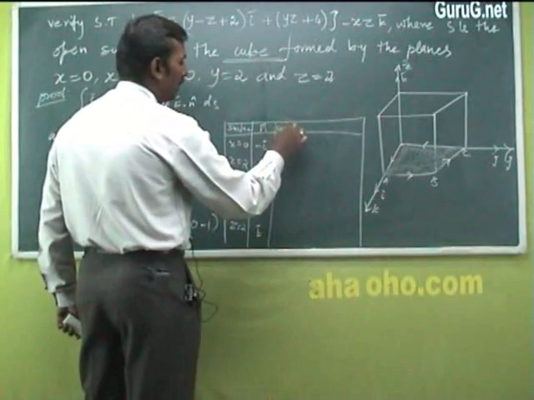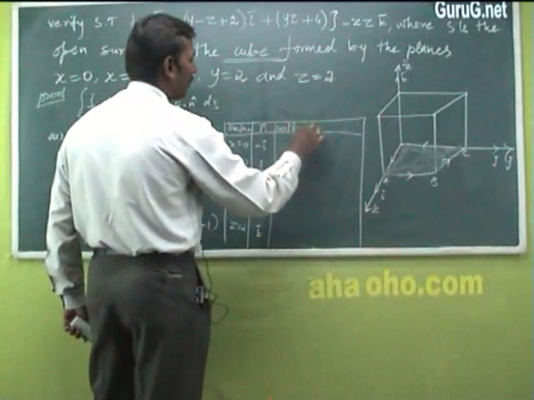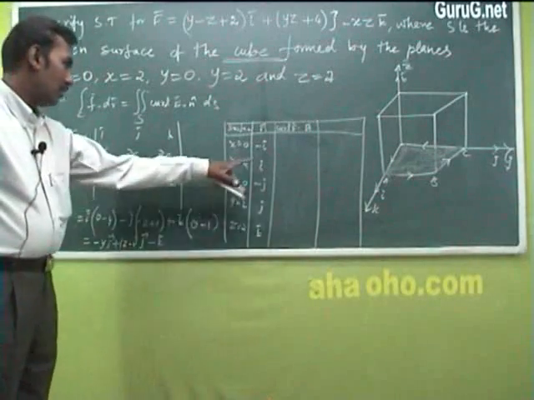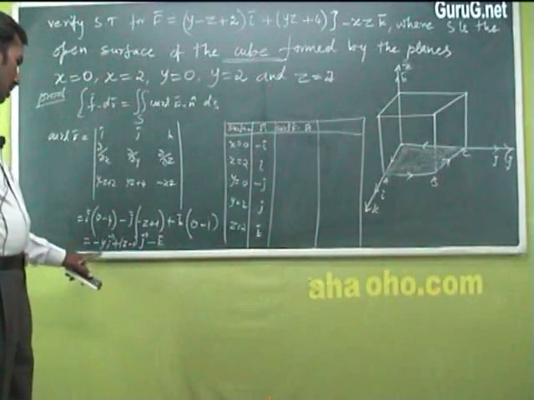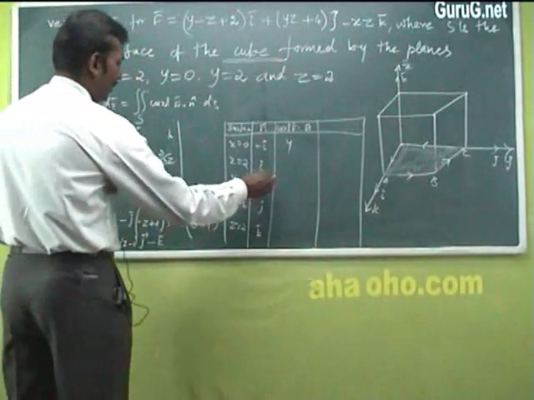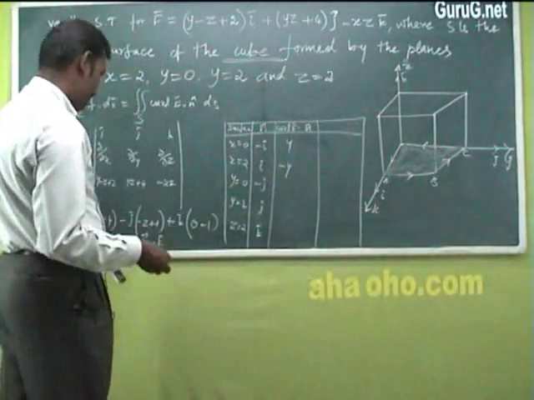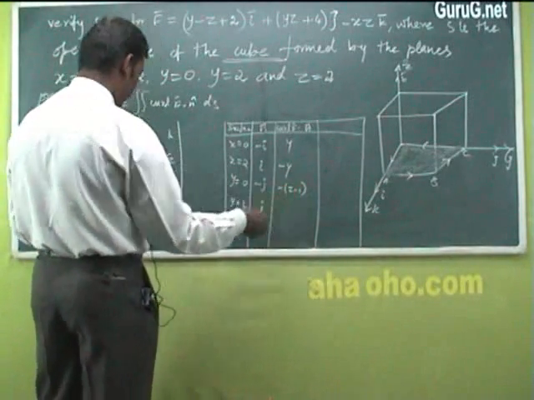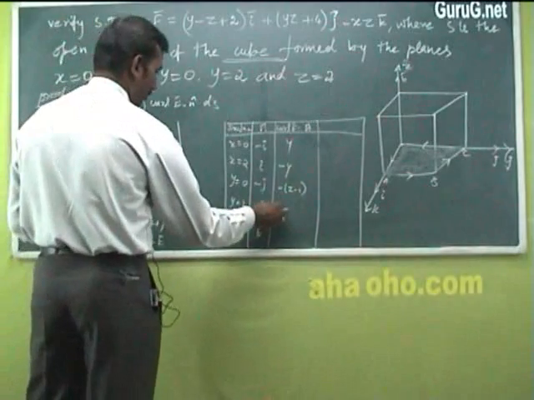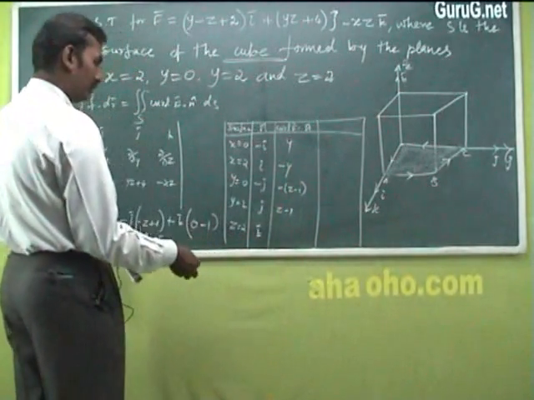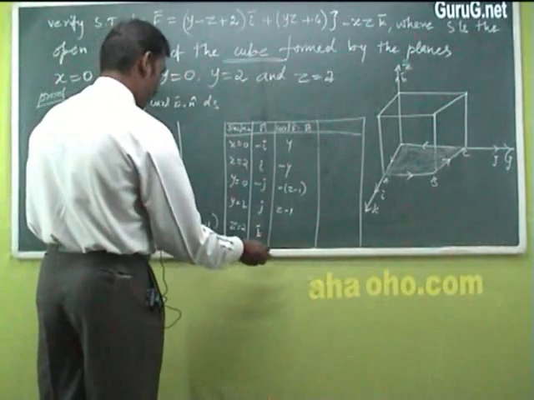Then curl of F dot n cap: I component y, then minus y, then minus of z minus 1, then z minus 1, then this one minus 1.